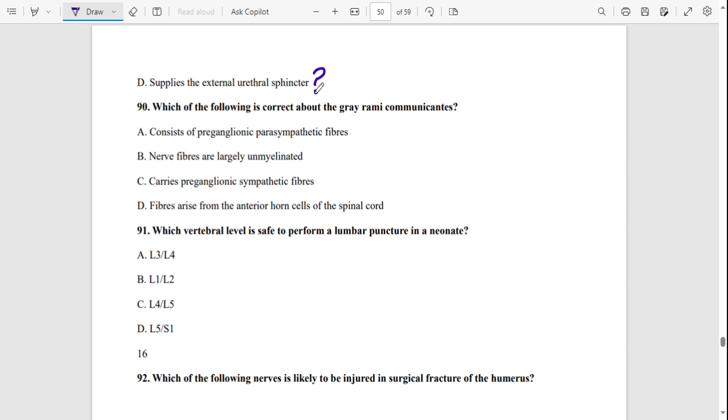So for this one, there is a question mark there. Maybe if we had said internal urethral sphincter. Because external is voluntary, you do control it. It's supposed to be the internal that you don't control.